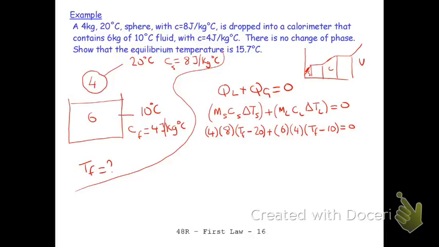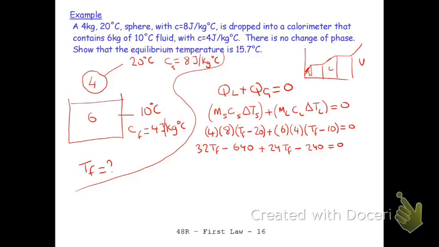Why not just write it down this way, T final minus T initial, and it kind of works out nicely. 3 8s are 24, 4 8s are 32, that's 32 TF minus 32 times 20, 640, is that right? 32 times 2 would be 64, times 20 would be 640, plus 24 TF minus 240 equals 0.